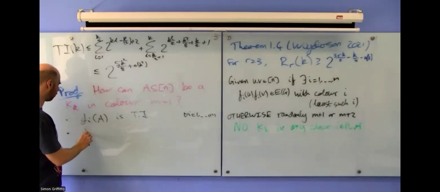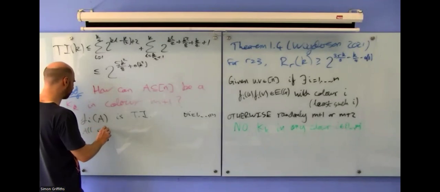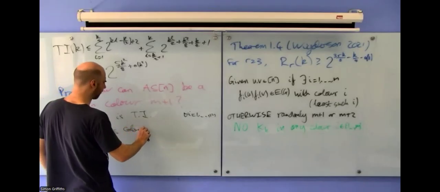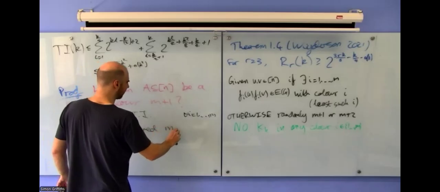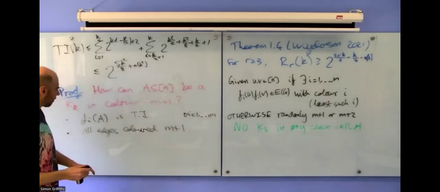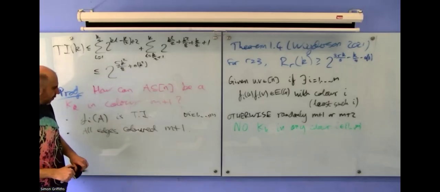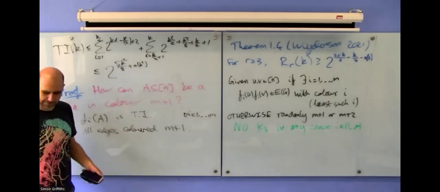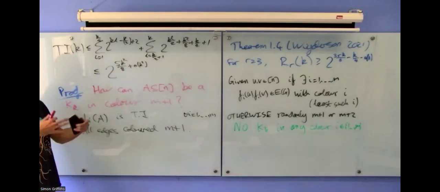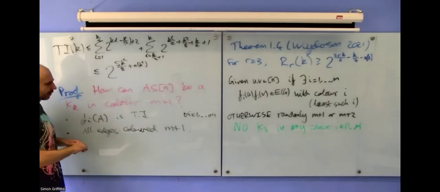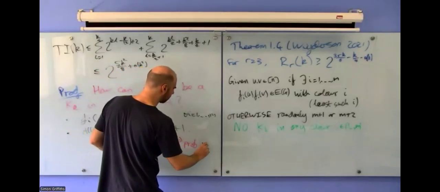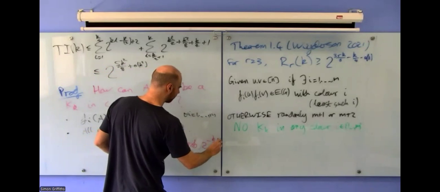So all the edges are coloured red, or sorry, I'm thinking of it as red. Anyway, it's n+1, when you do the random colouring. So obviously the second part we already know very well. If you got to this point, the second thing has probability 2 to the minus k choose 2.